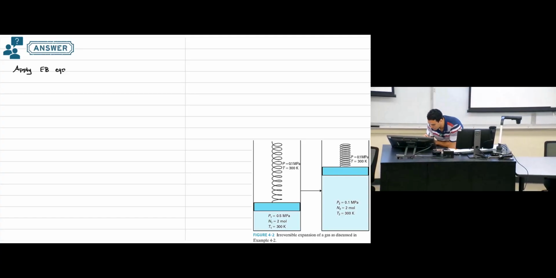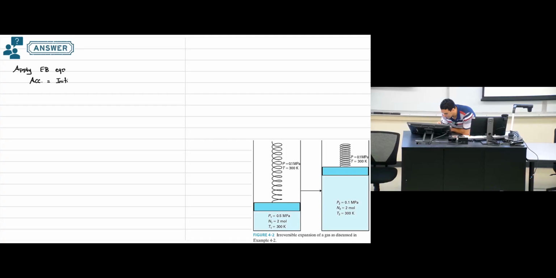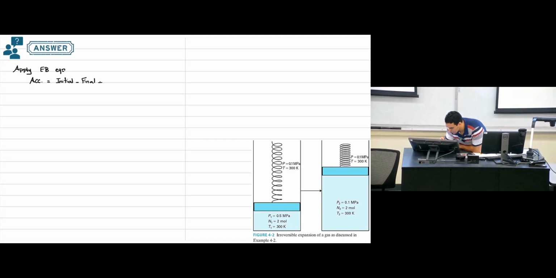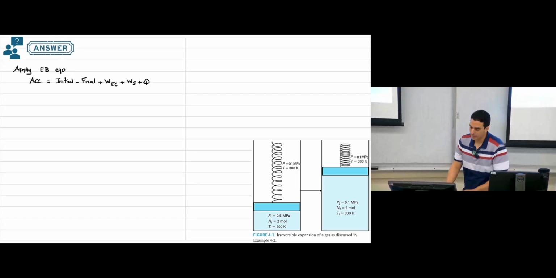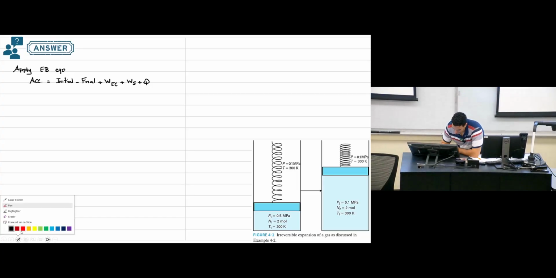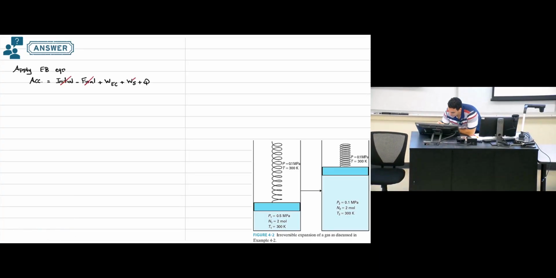The general energy balance equation is accumulation equals inlet or initial condition minus final condition or outlets, plus work of expansion contraction, plus shaft work, plus Q. For this example here, we don't have all of these terms.